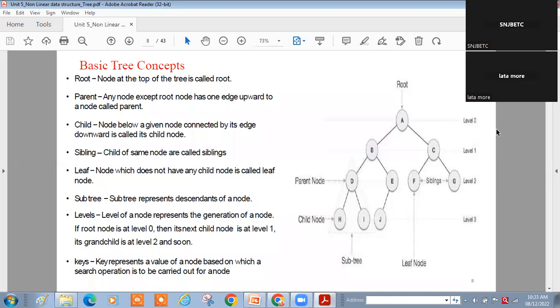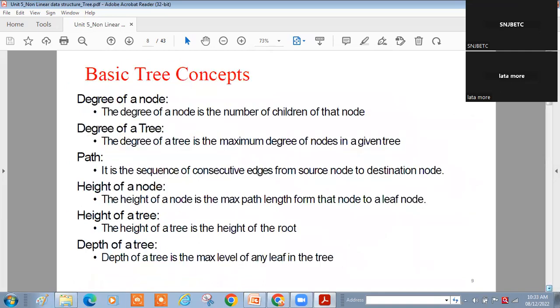So any node for which we have to do the search operation can be the key. So in this tree diagram, if I told you to find B, then B is the key. So this is about the different concepts. In detail, we have to see these concepts. These are the generalized, very easy concepts that we have studied till now. Now some deeper concepts are also there.